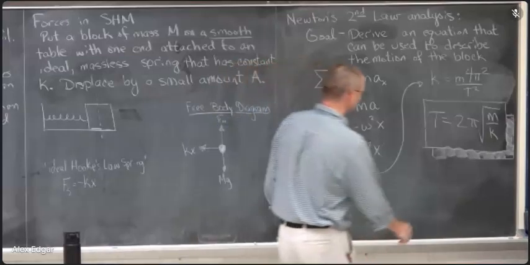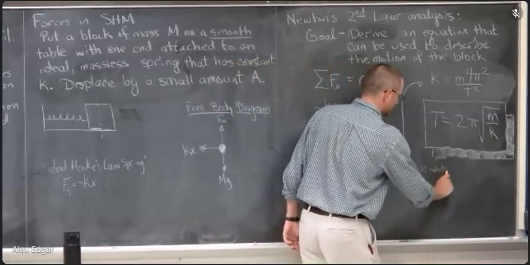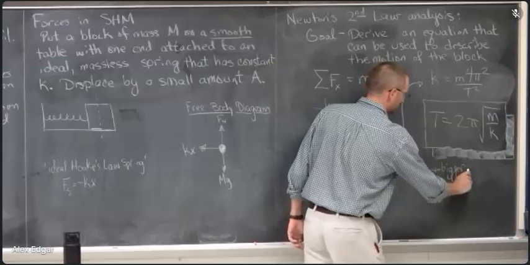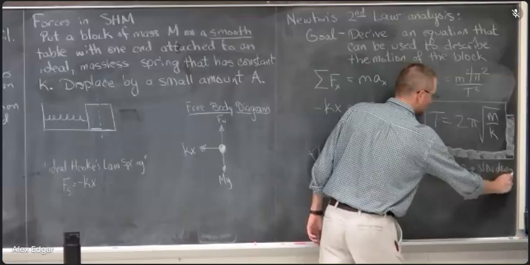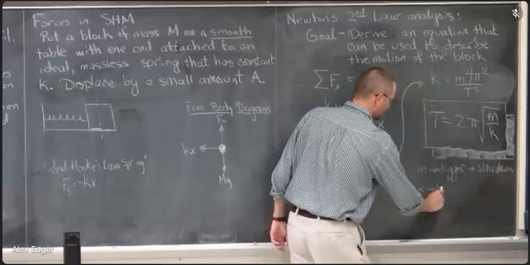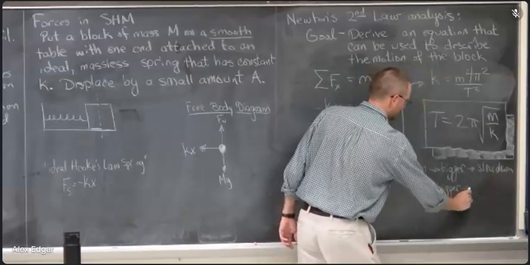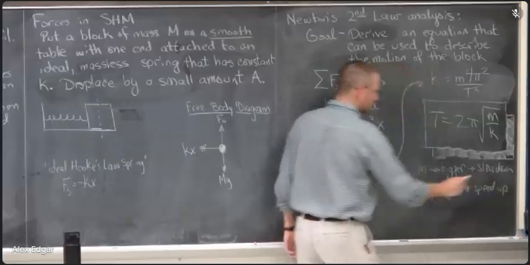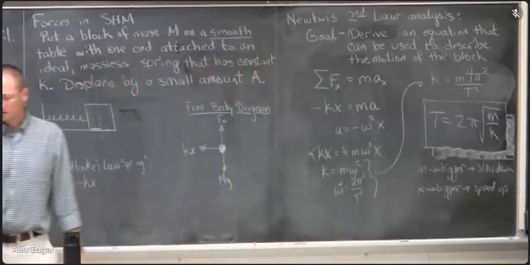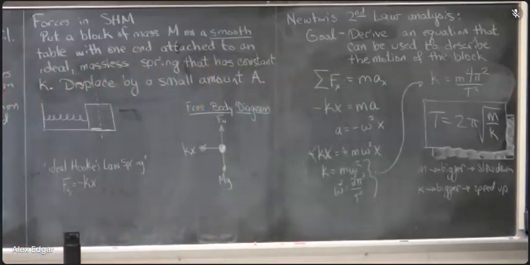Let's write that down. If the mass gets bigger, then it will slow down in its bounce. But if the spring constant gets bigger, meaning it's a stiffer spring that's harder to stretch or compress, then that will speed up the bounce.